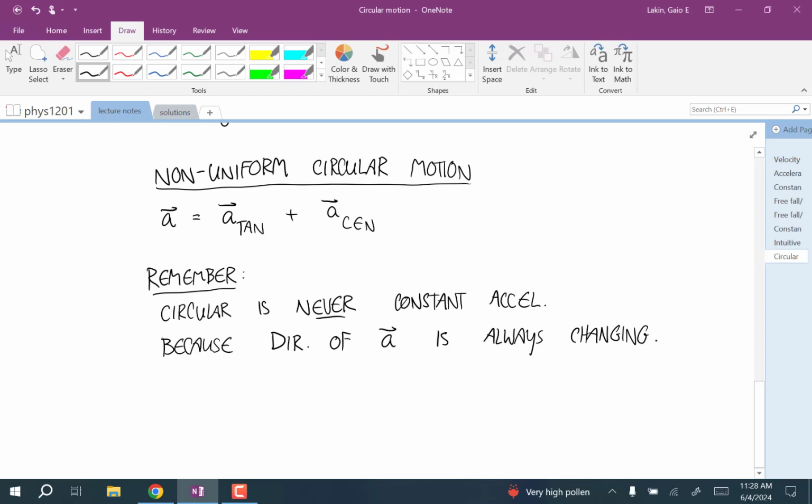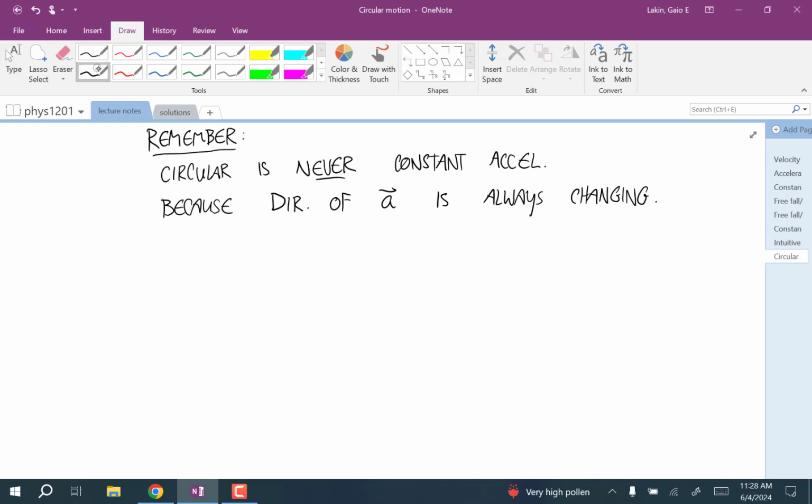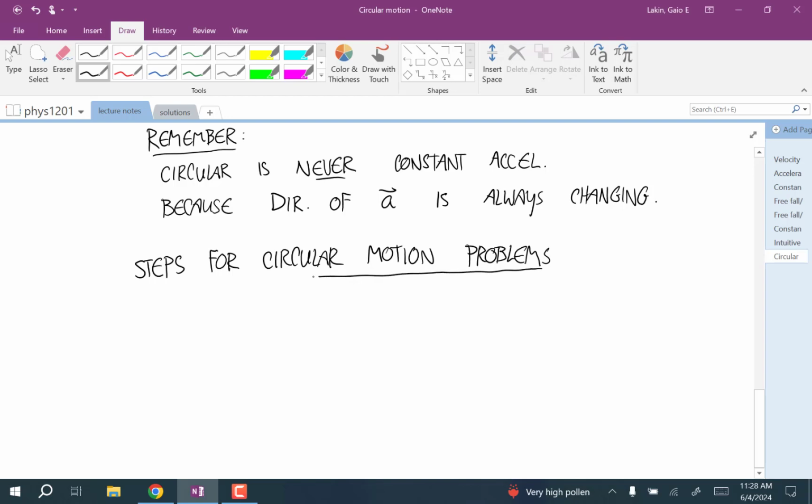Okay, so now I'm going to go through a set of steps that you can use for problems. This will work for any circular motion problem. And the first thing that we're going to do is choose a way to view this problem.